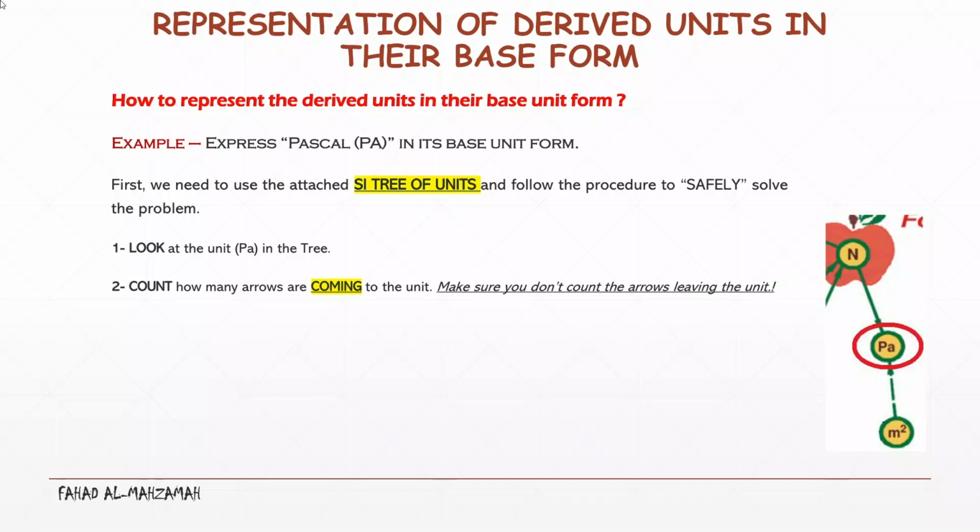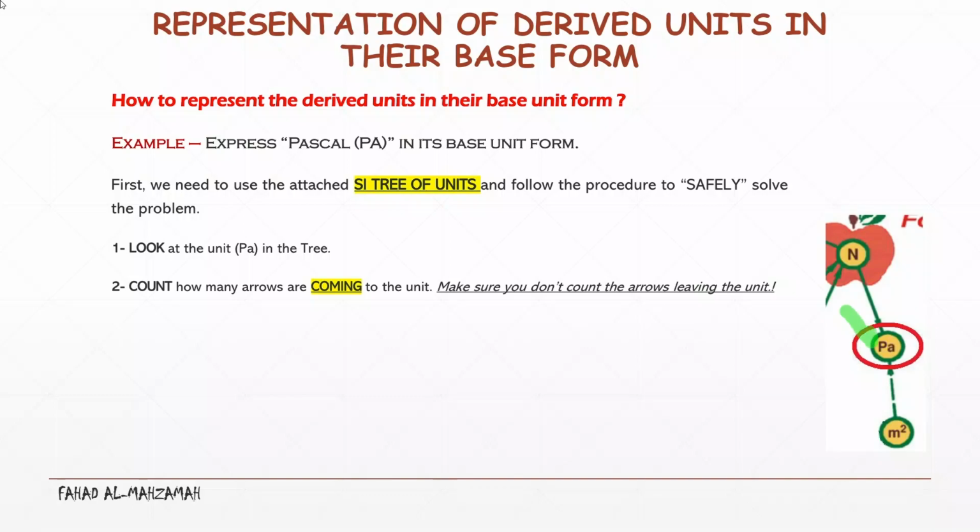I already highlighted the word coming. Sometimes you will see some units that have different arrows. Some of them are coming or entering the unit, and some are leaving the unit or going out from it. These arrows that are leaving the unit, we will ignore. We will focus on the arrows that are coming to the unit.